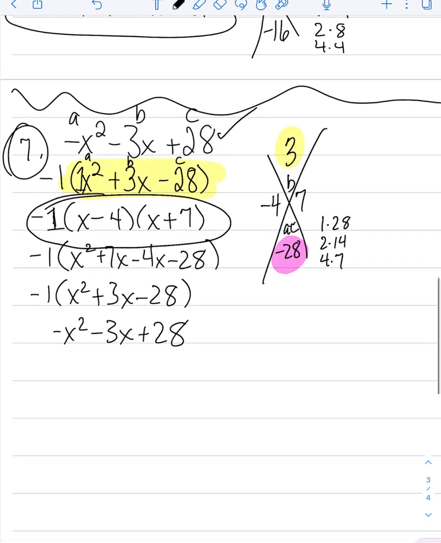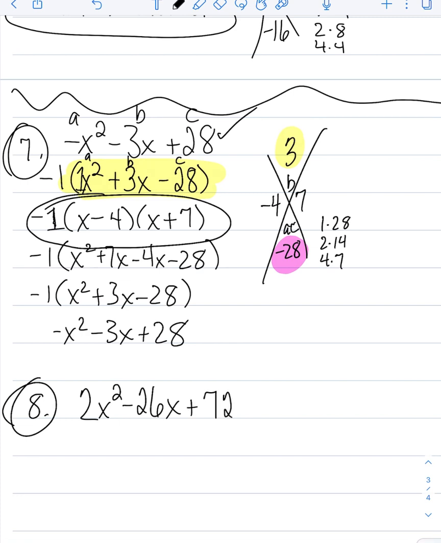Let's try one final one to make sure that you're okay with combining factoring out the greatest common factor and using Magic X. So let's take a look at this one. Let's factor completely 2x squared minus 26x plus 72. So we always want to start factoring by saying, because it's the most simple of them all, do I have a greatest common factor I can divide out?